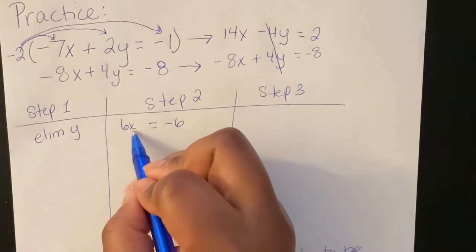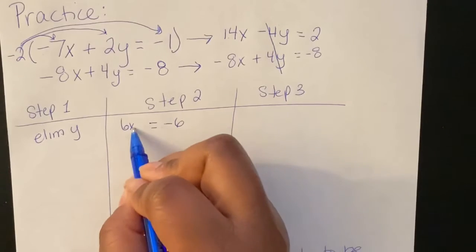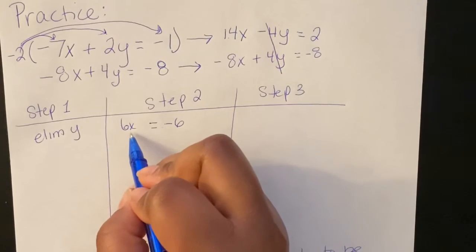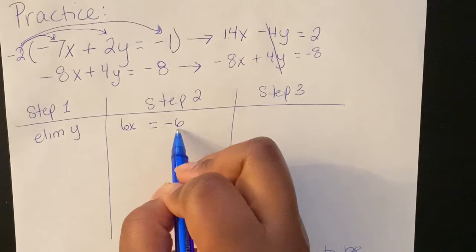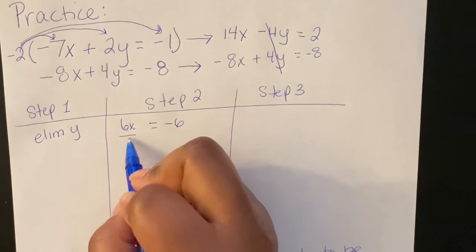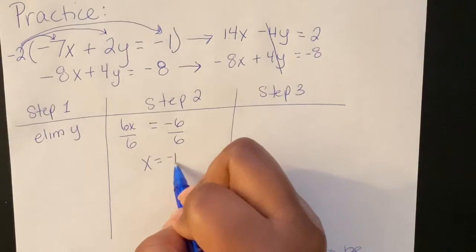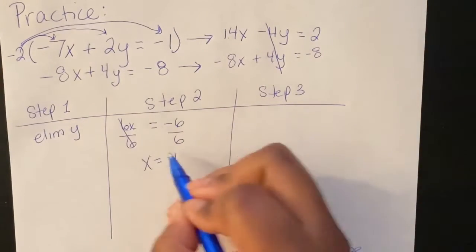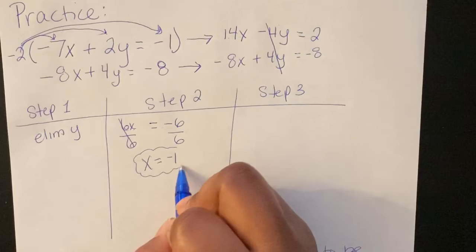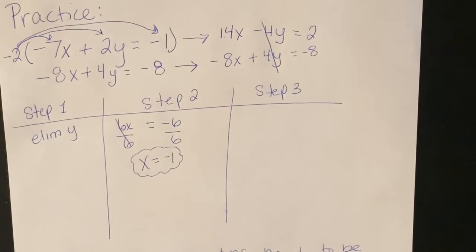Solving for x. Here I have 6x equals negative 6. Divide by 6 on both sides. I get x equals negative 1. So this is my x coordinate of my solution.